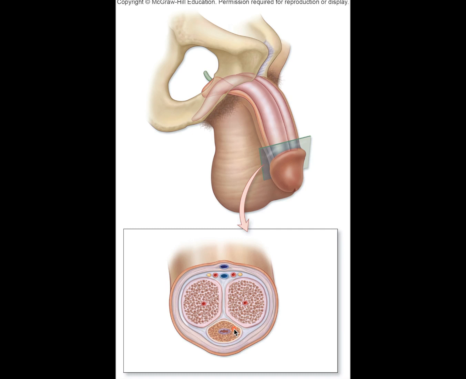It is the corpus spongiosum. And this one does not fill up with blood, like I said, and it has the urethra within it. It runs on the soft underbelly side, so it would be on the ventral side of the penis. So, what else can we see on this picture? Just notice that the glans of the penis is here. That's also made up of the corpus spongiosum.